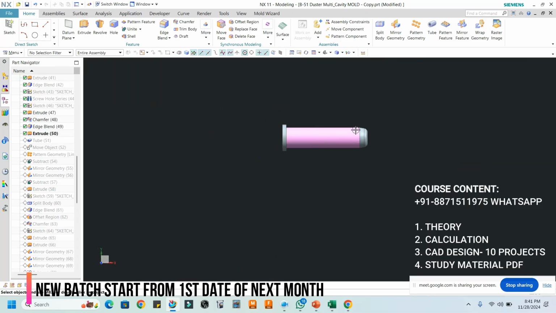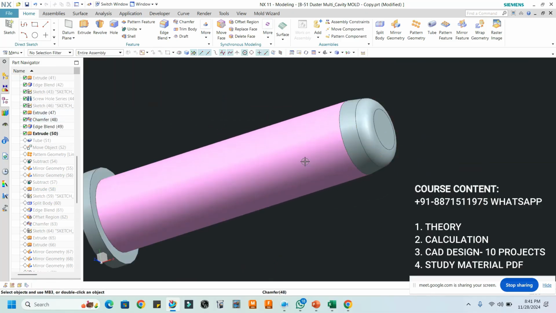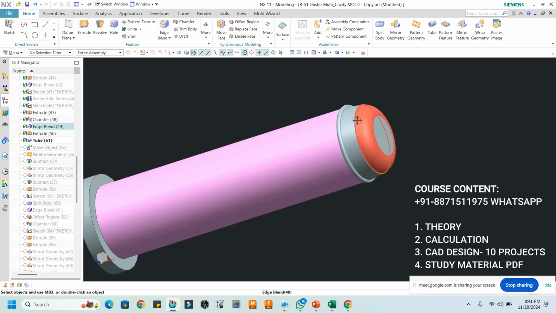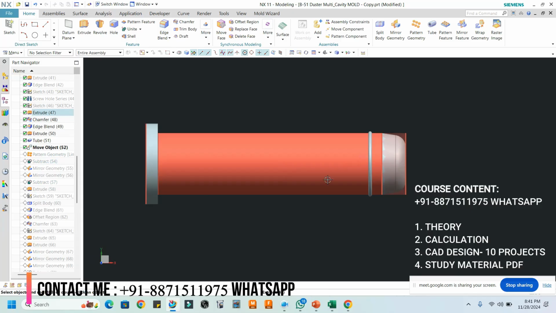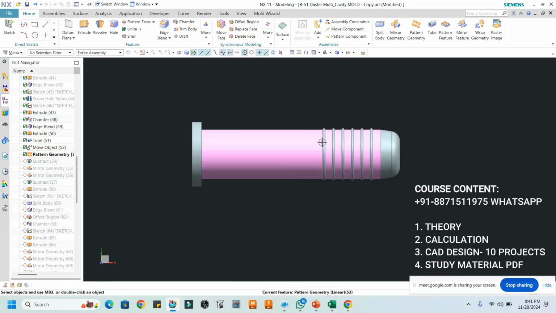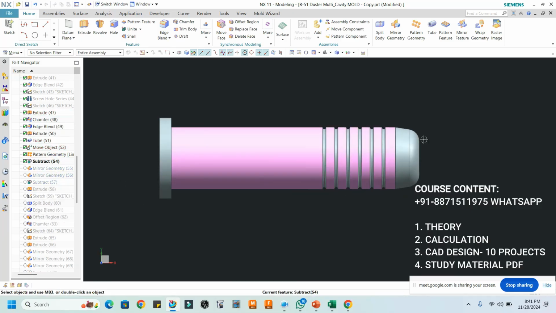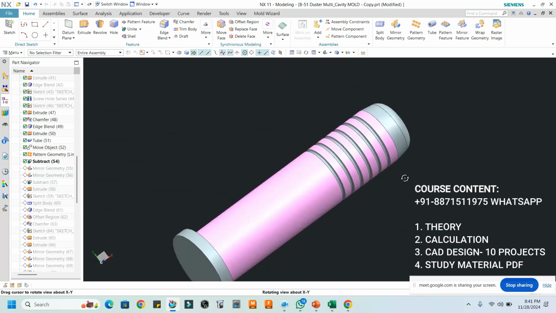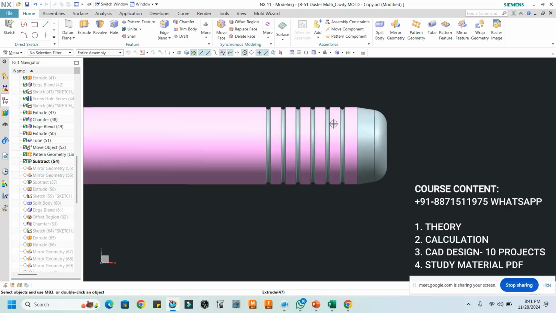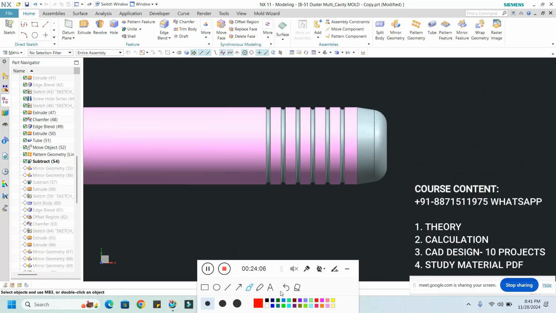Into this guide pillar I am taking a tube, giving the position to this tube, and taking the pattern. What is the purpose of this? For example, here I am taking the bush.